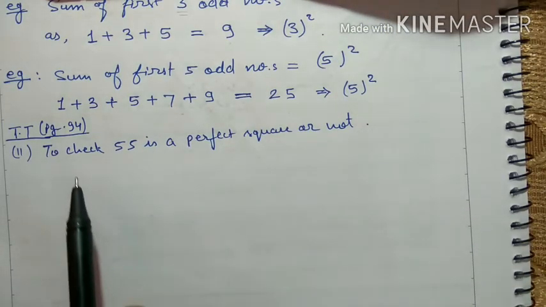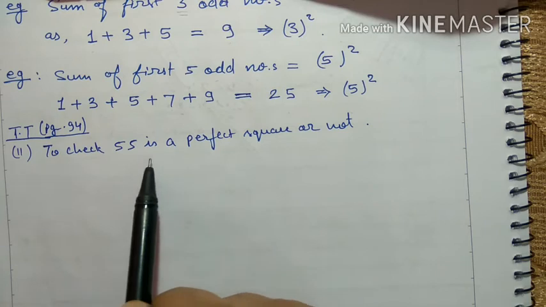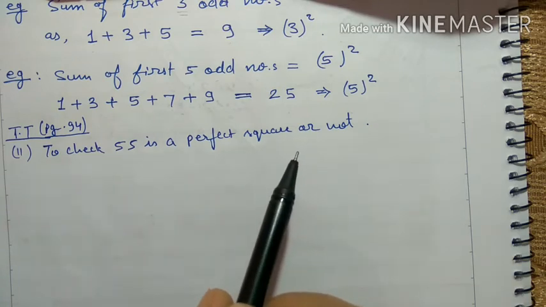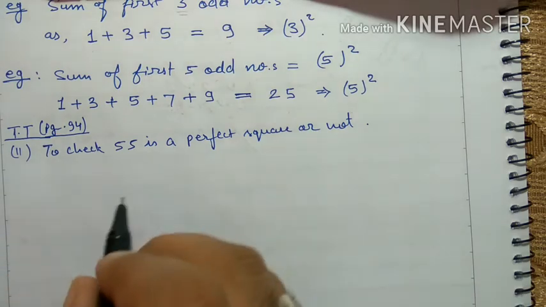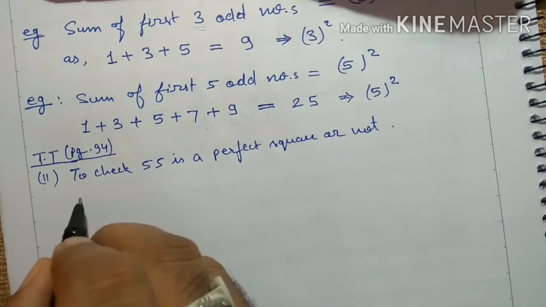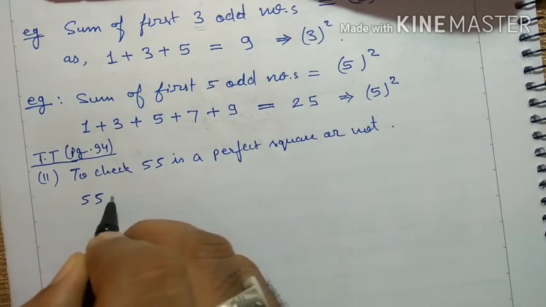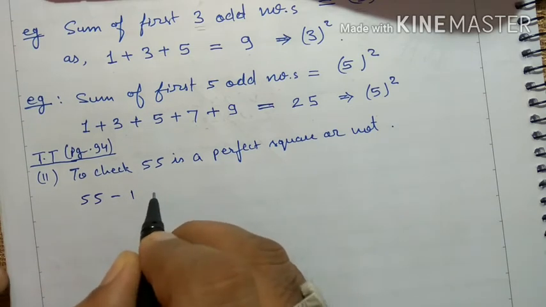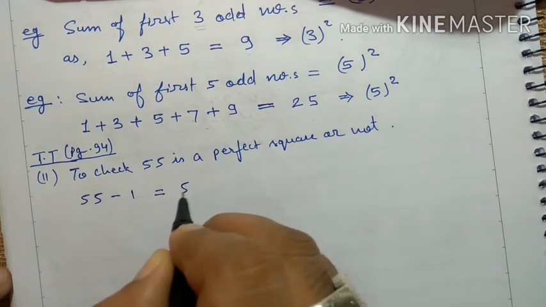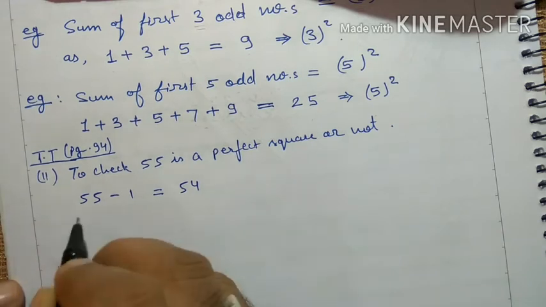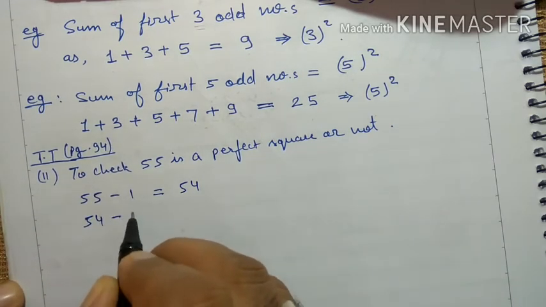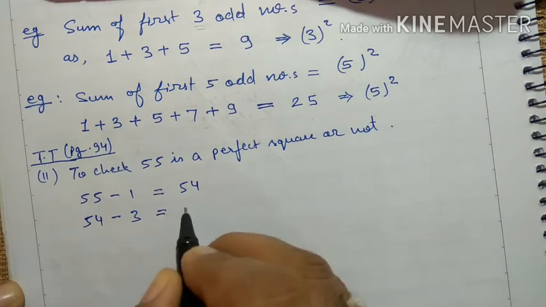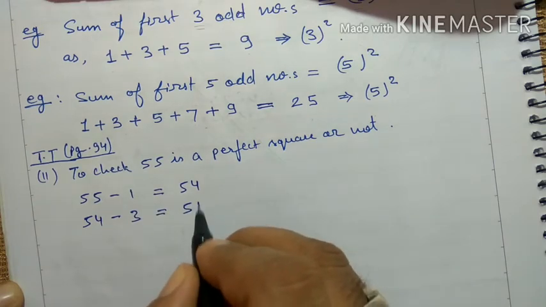In this question we have to check whether 55 is a perfect square or not by using series subtraction by odd numbers. First we subtract the first odd number 1 from 55. The result is 54. Then in the second step, 54 minus 3 is 51.